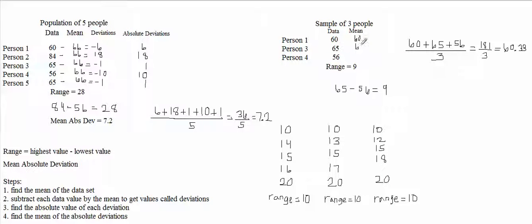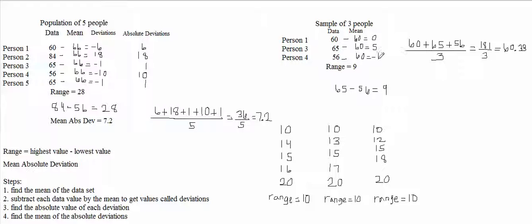We're doing step 2, which is subtracting each value by the mean. 60 minus 60 is 0. 65 minus 60 is 5. And 56 minus 60 is negative 4.